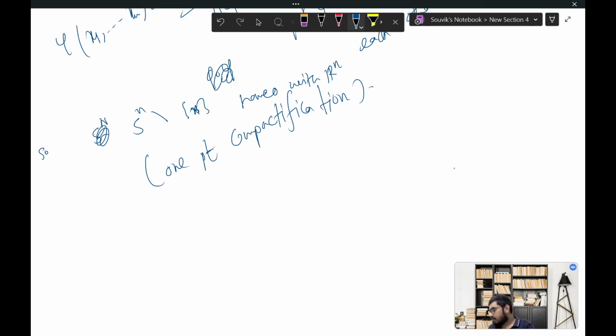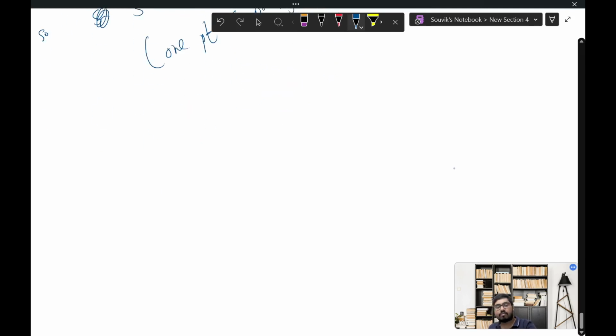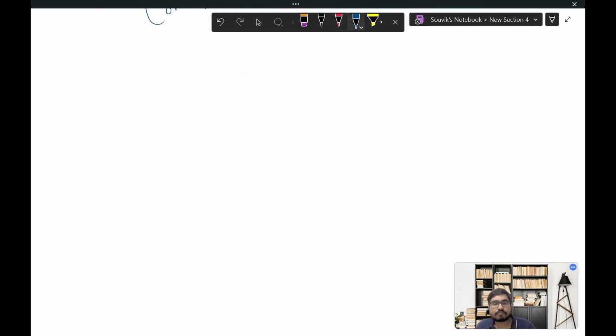Okay, there is one important result known as Urysohn's lemma. This lemma tells about the existence of some kind of functions in a special situation.